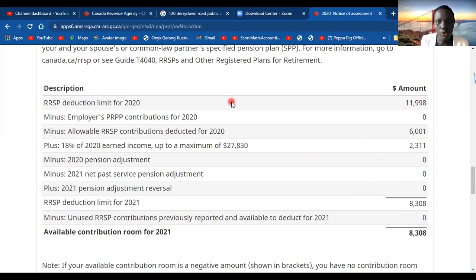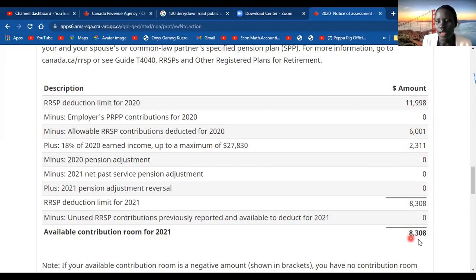It will show you all the things, like where you were standing in 2020, the contribution room for 2020, and then 18% of your earned income in 2020. It will give you that amount, and when they add it up, you get that amount.